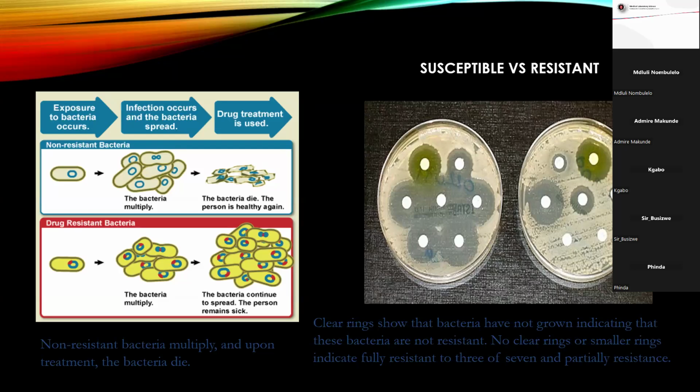So you can see that initially it was susceptible to most antibiotics. By a clear zone, it means the organism is destroyed by the antibiotic on the white disc. Then by no clear zone, that's when we can say there is resistance. So typically that's how it's demonstrated within the laboratory.